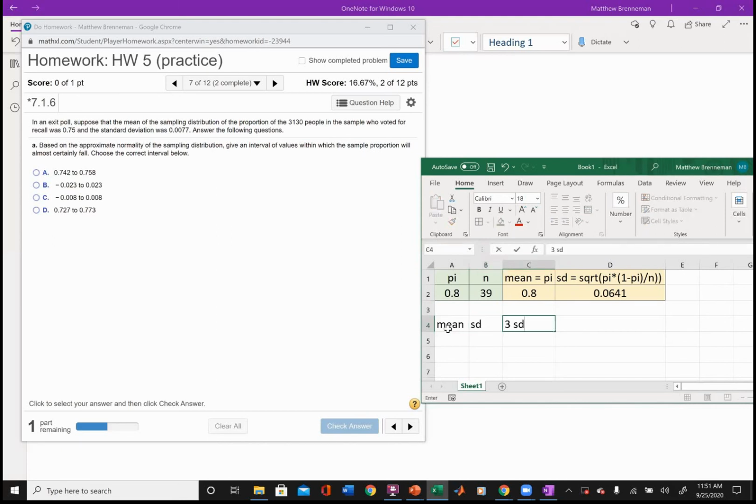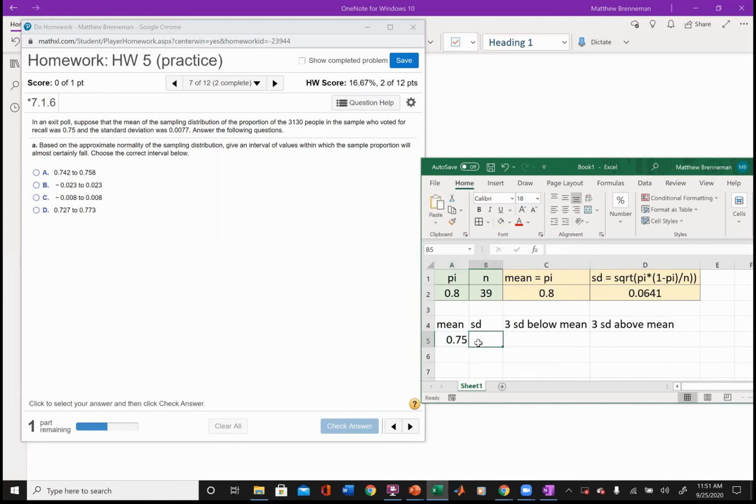This is 3 standard deviations below the mean, 3 standard deviations above the mean, and we're just going to compute those out. The only reason I'm using StatCrunch is because we're going to do this sort of problem more than once. And you can go ahead and type in whatever your standard deviation is.